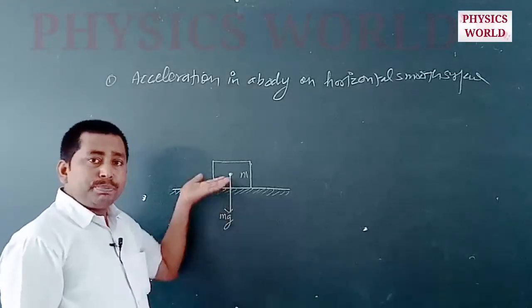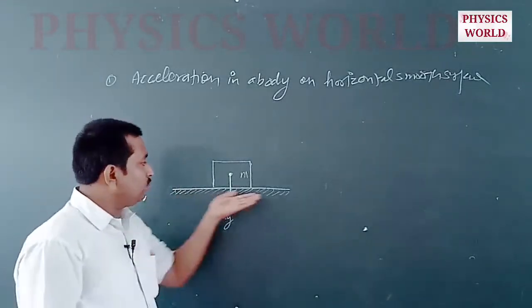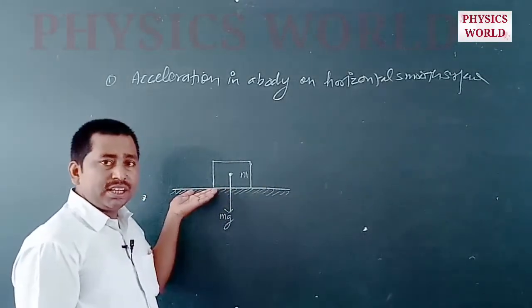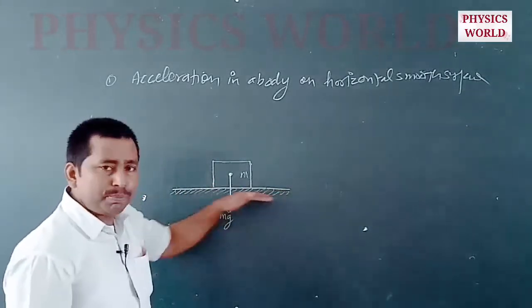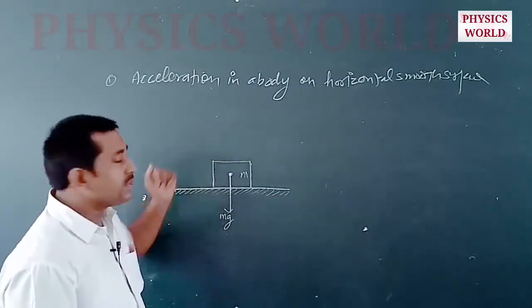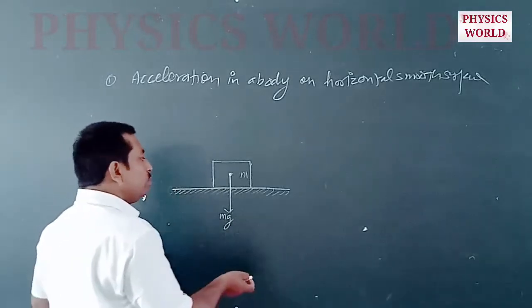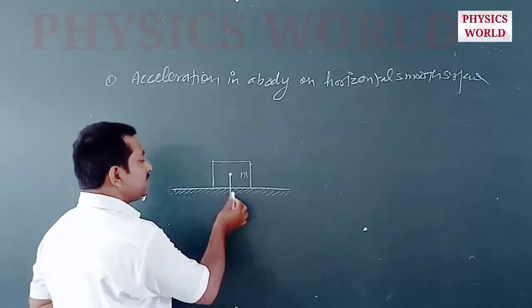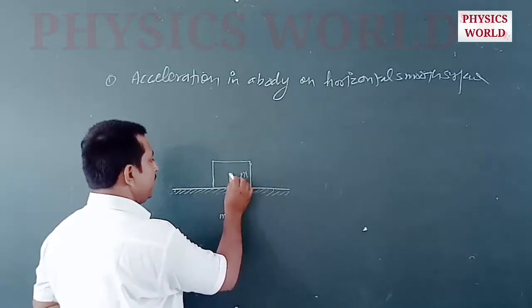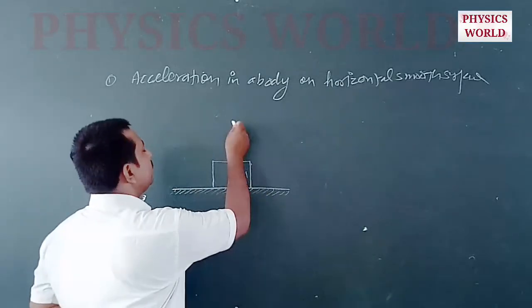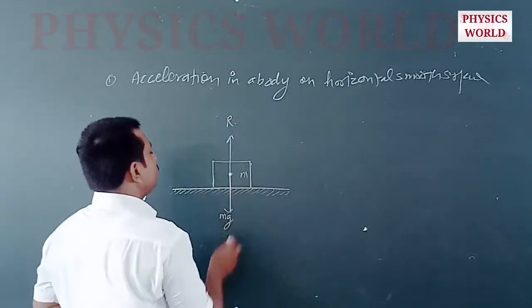So if this is just placed over the surface, then there is a normal reaction acting by the surface of this plane on the body. The reaction will always be normal to the surface of the plane, so this will always act vertically upward.